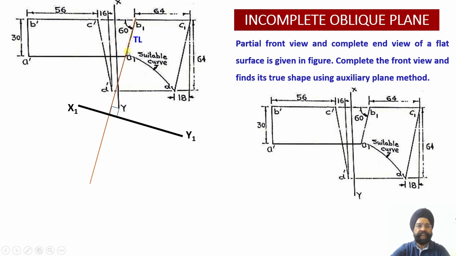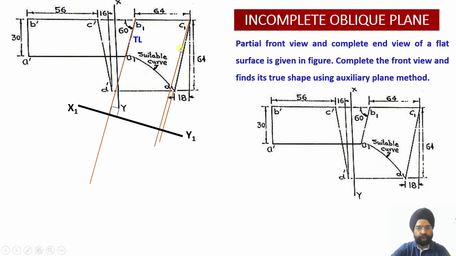So I have extended this true length and drawn an AVP, auxiliary vertical plane, perpendicular to this true length. And having drawn this, we know very well that now all these points A dash, B dash, C dash and D dash, these are 4 points of the elevation which I have to project over here. So let us see.